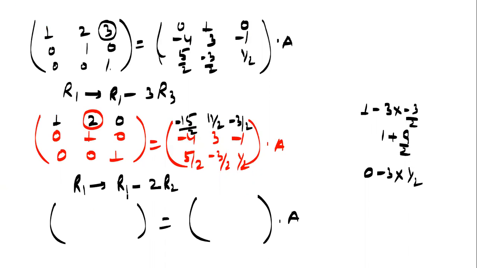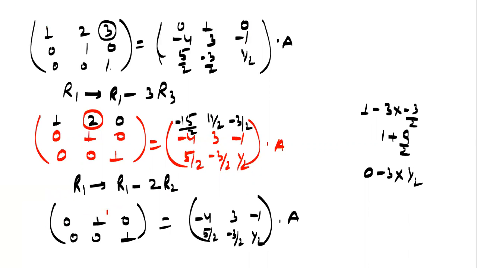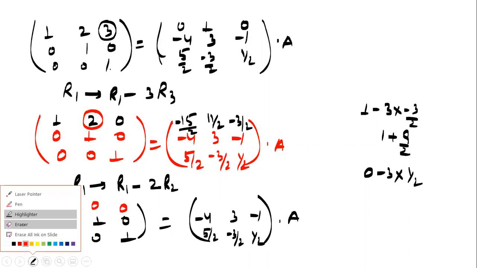No change in R2 and R3. We have to make the change in R1. R1 minus this, it will become 1. R1 minus this will become 0. R1 minus this, it will become 0.